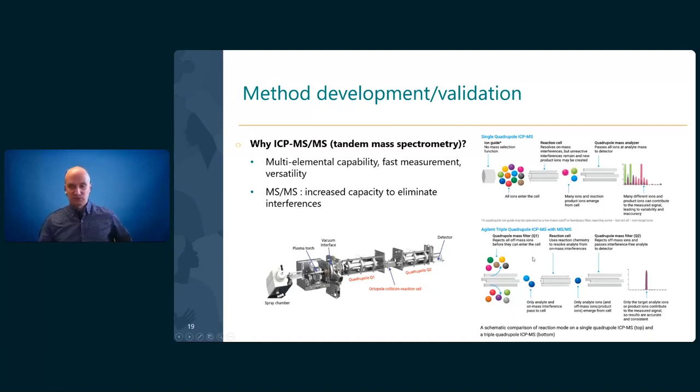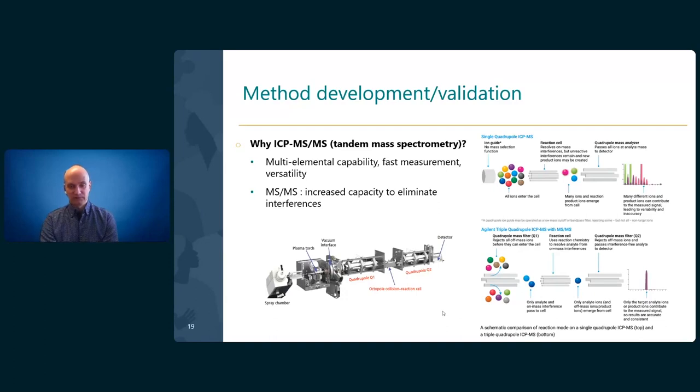When using a triple quad technology, you have an additional quadrupole, Q1, which can be used as a mass filter. It allows to reject either off-mass ions or interferences.